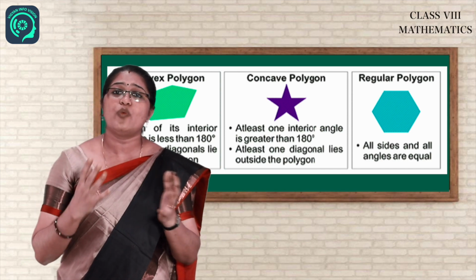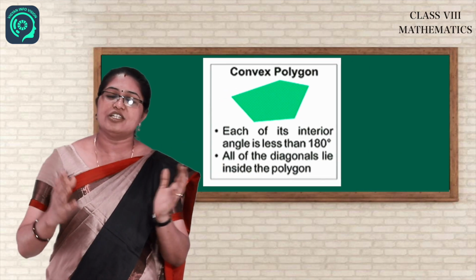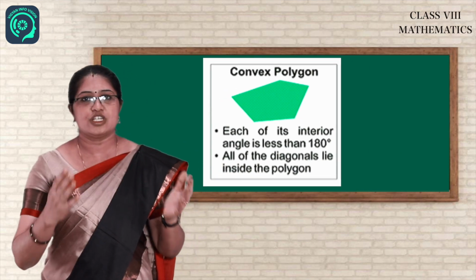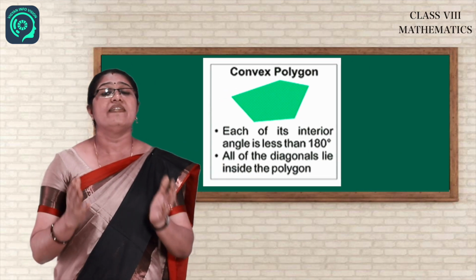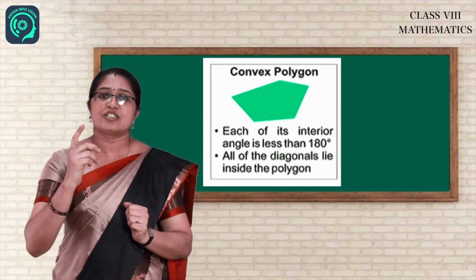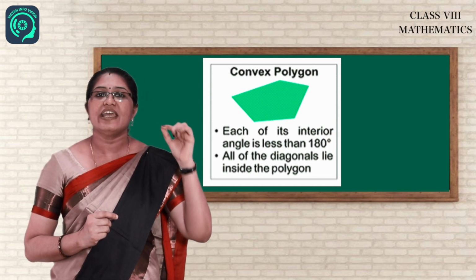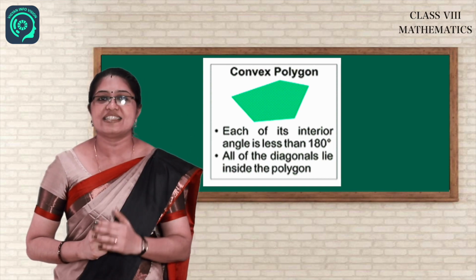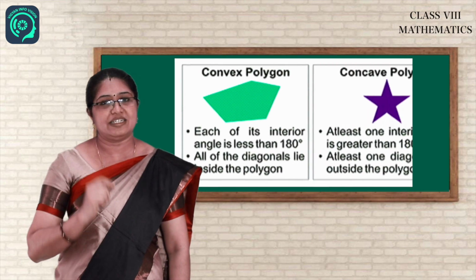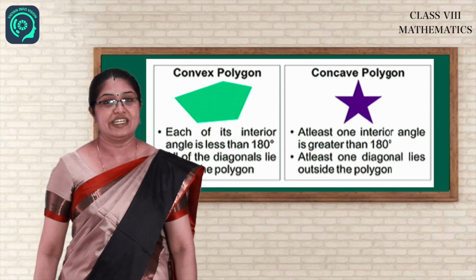What are convex and concave polygons? Convex polygons you are all familiar with, that is your square, rectangle you have seen, those are all types of convex polygons. Why is it concave? In a convex polygon all the interior angles are less than 180. But in a concave polygon, at least one angle is greater than 180.